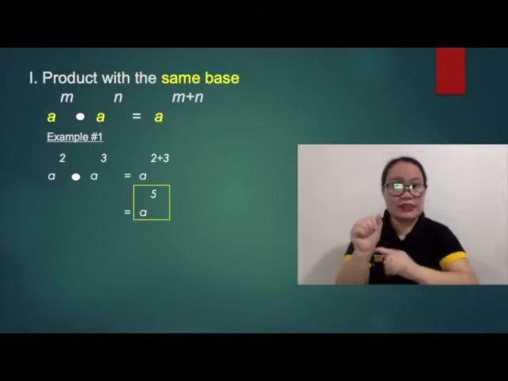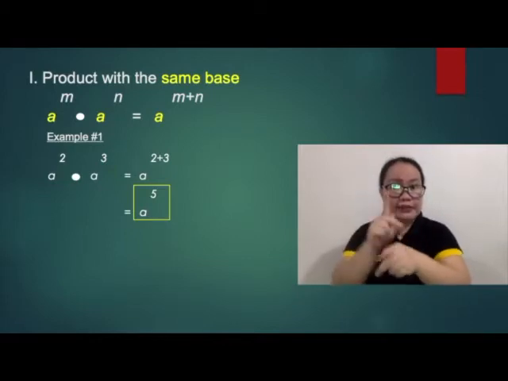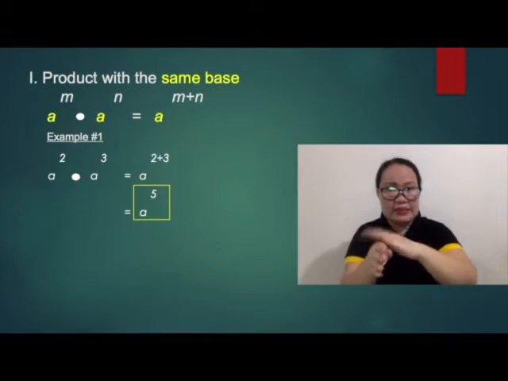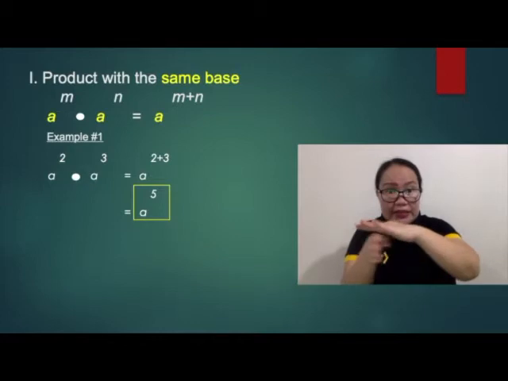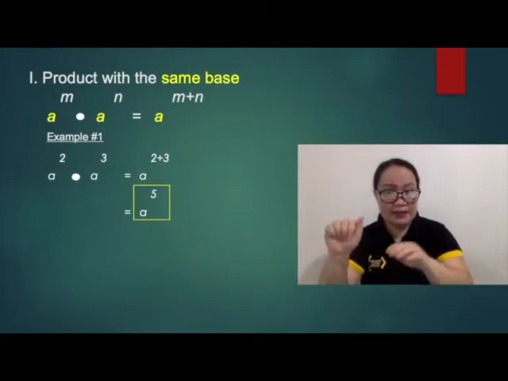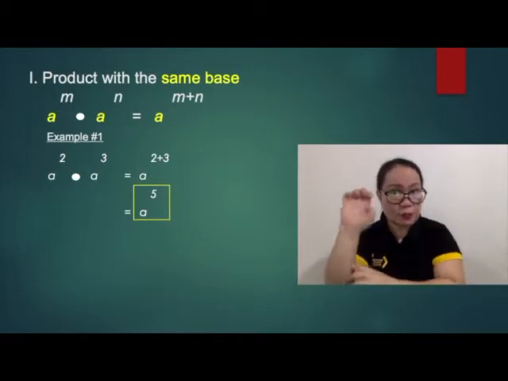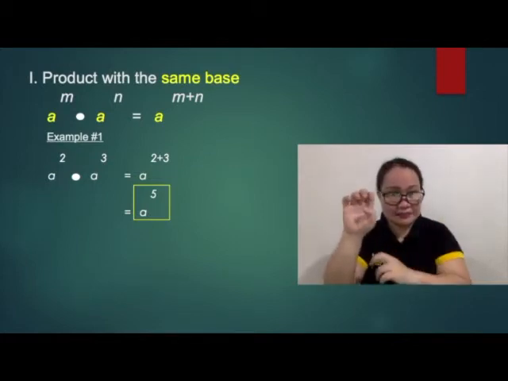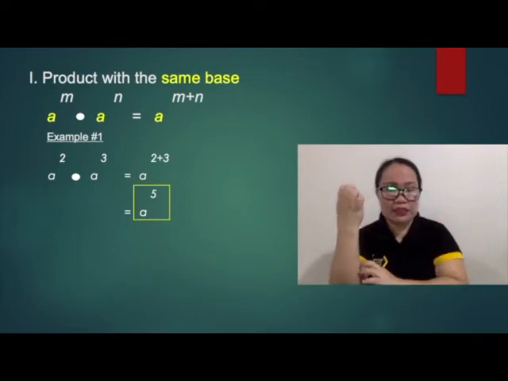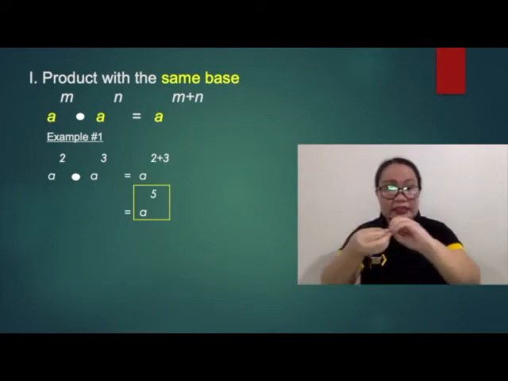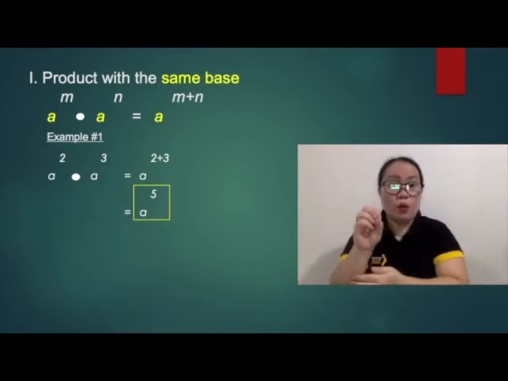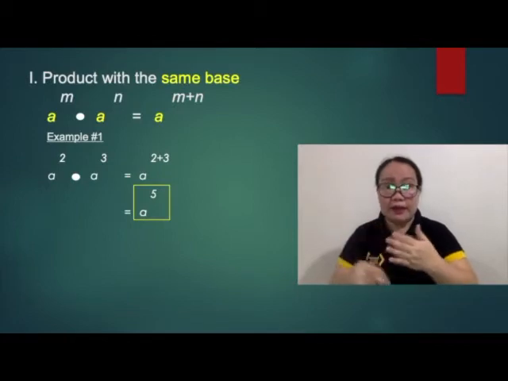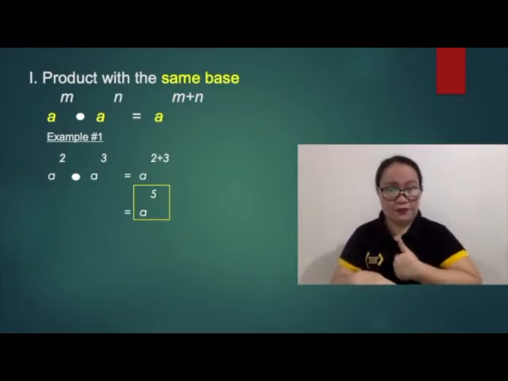So let's begin with number 1, product with the same base. If you have noticed here, the base is letter A, and the exponents are M and N. Exponent means the number of times that the base is being raised or multiplied by itself.